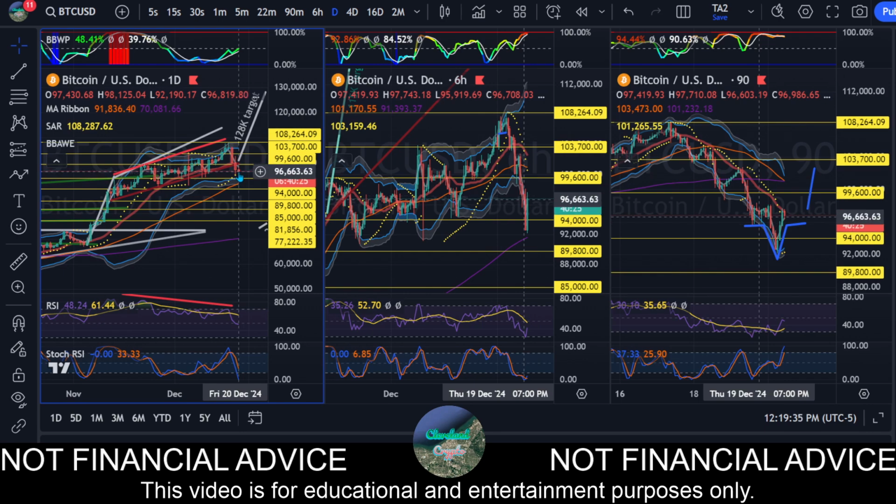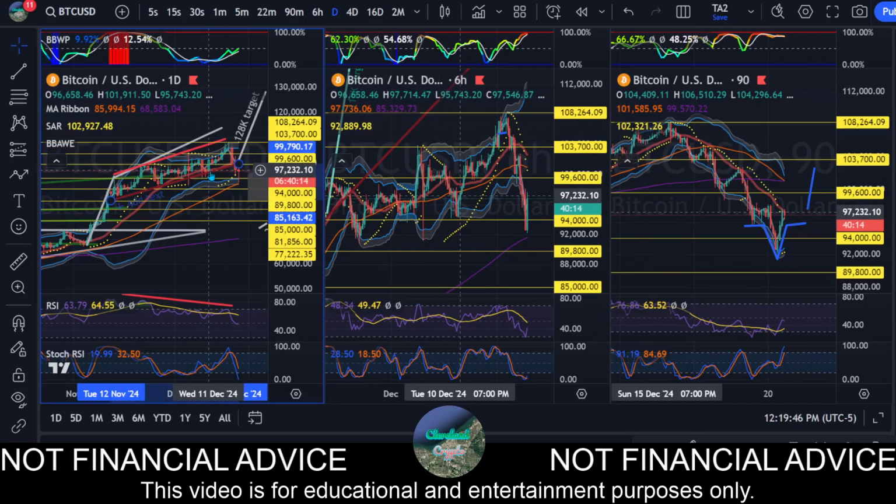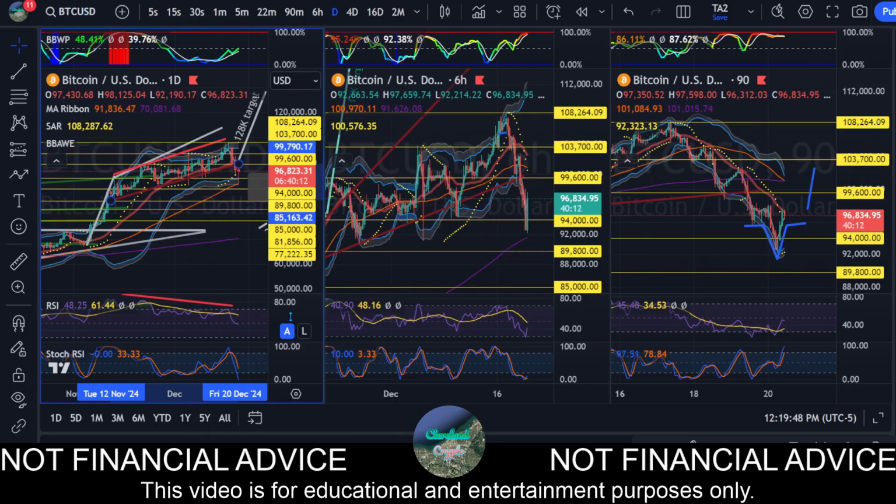We want to see if today's candle can close under it. If it does close under it, then that's flipped to resistance. We'll actually put this on all the layouts just real quick.